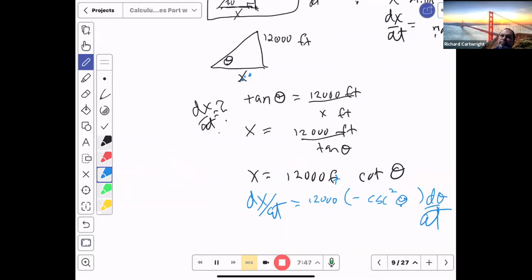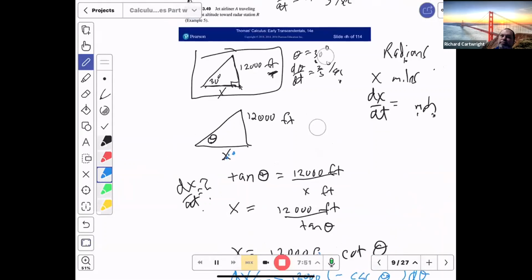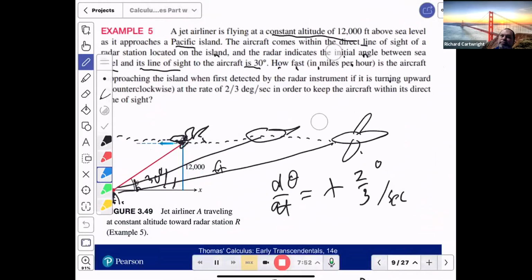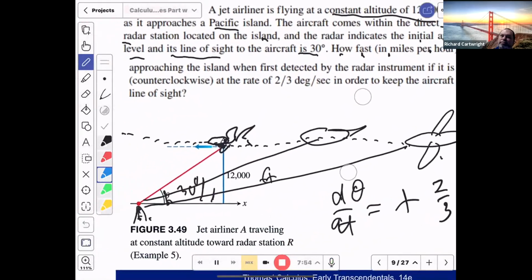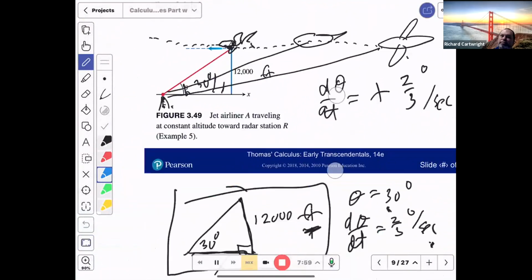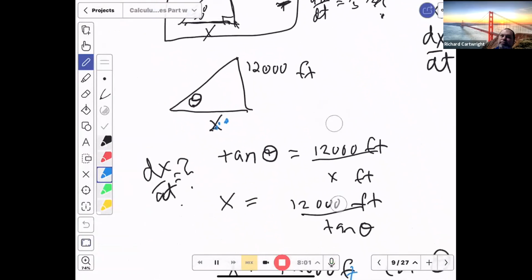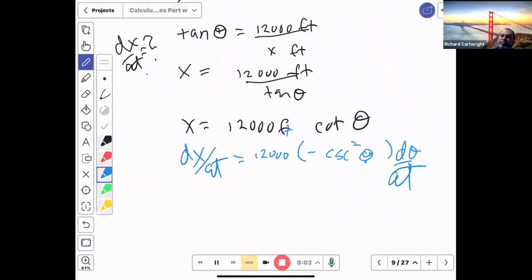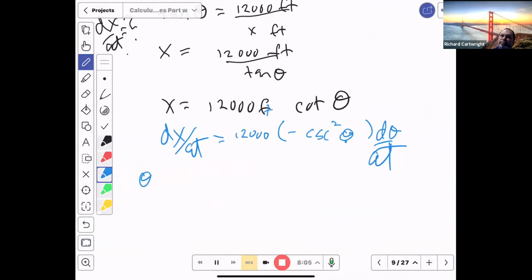Or can I not do the angle? Do I know anything at this point? Did I miss something in the writing of the angle? Yeah, it was 30 degrees. I know the angle. I forgot. Theta was 30 degrees, right? But in radians, pi over 6, right?